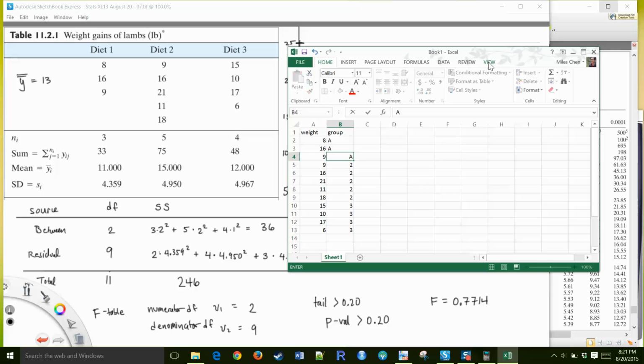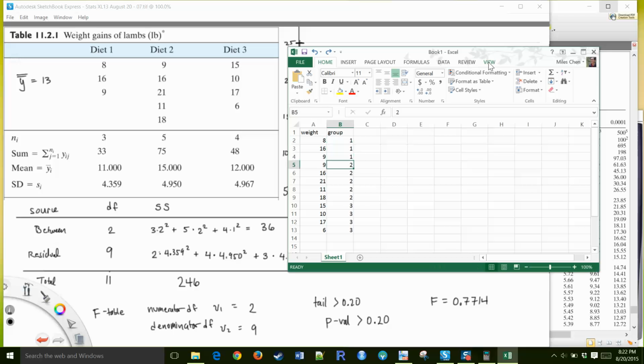Because R will see these as numbers. Now, if you call them A, B, and C, R knows that these are just labels. So the command is as.factor. Call it a factor, and not a number, otherwise it'll treat it as a number. That's the default behavior.